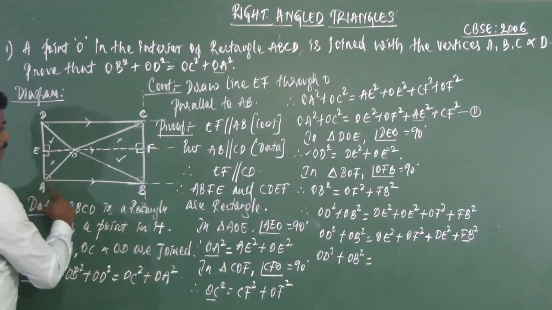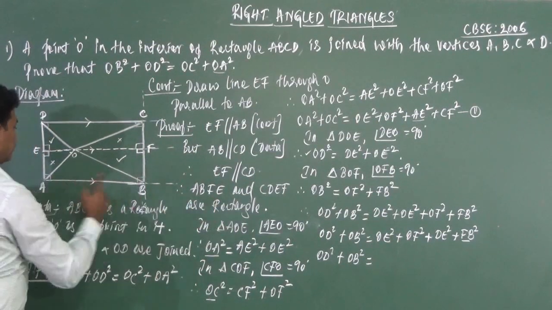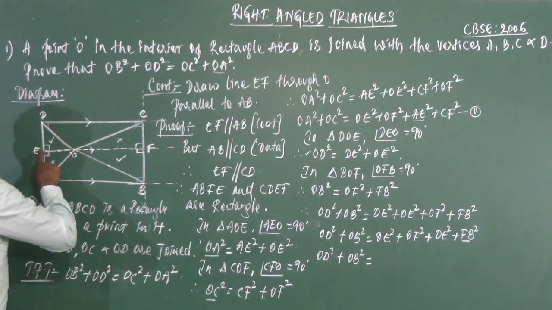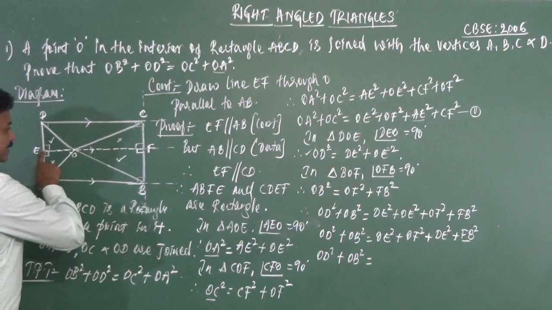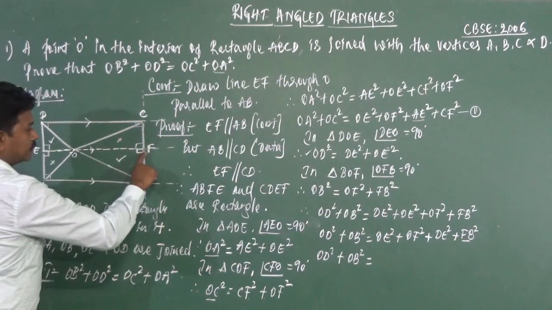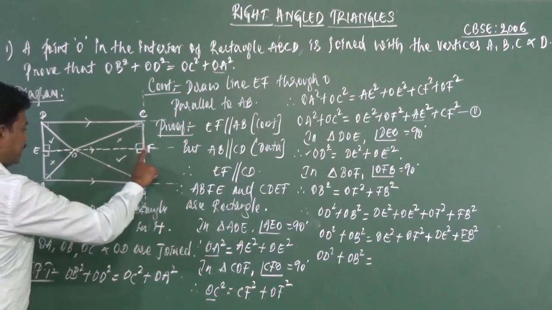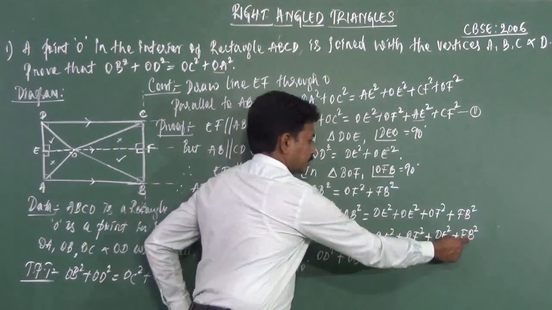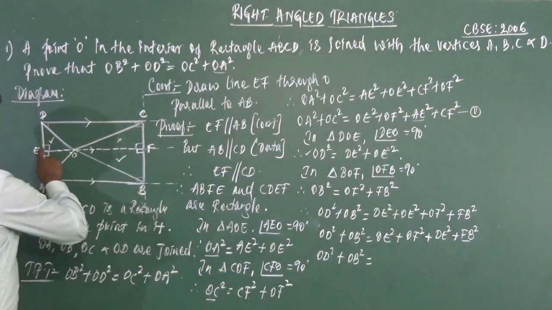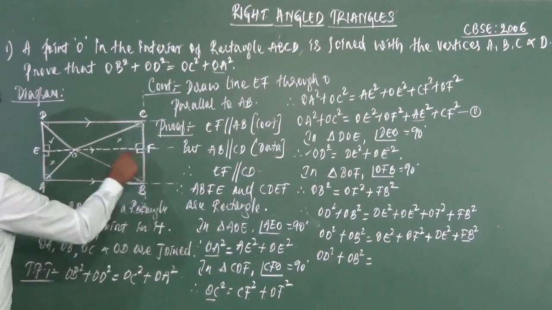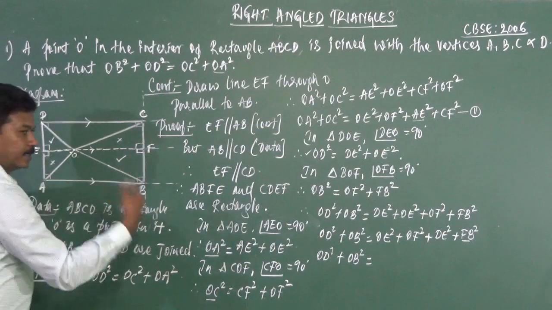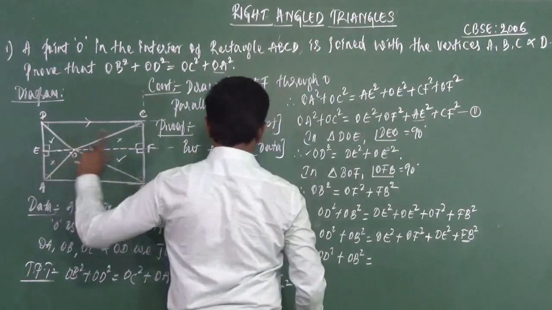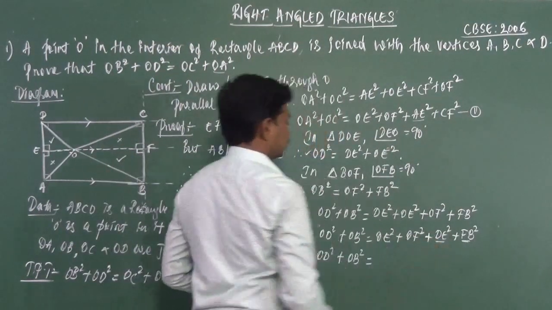As I have mentioned earlier, ABFE is a rectangle. So instead of FB, I can write AE, because in rectangle ABFE, opposite sides are equal. And instead of DE, let us see what can be written.